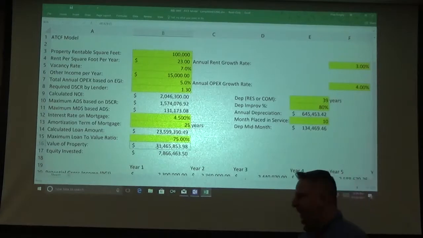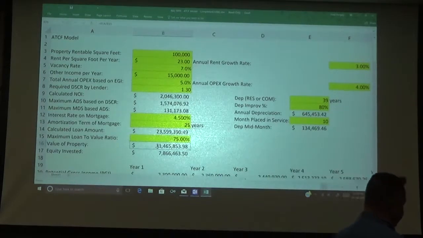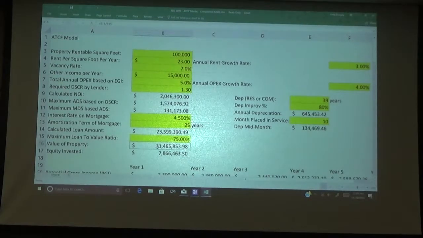Now, what that actually translates into, as a practical matter, is if you place it into service in, let's run down through these, January, February, March, April, May, June, July, August, September, October, November, December.